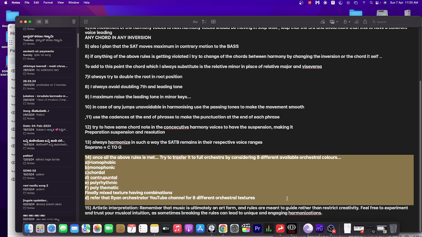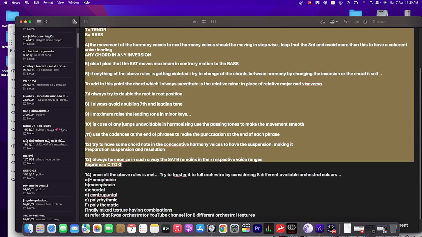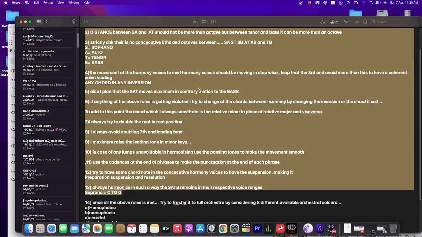There is one catch. After following all these 13 good points, once your full SATB structure is ready for the melody, along with the accent and the groove, the next thing you do is transfer that four-part to the full orchestra.